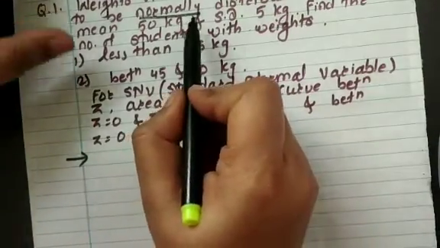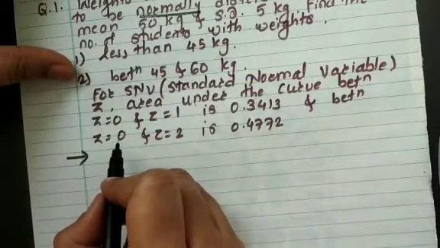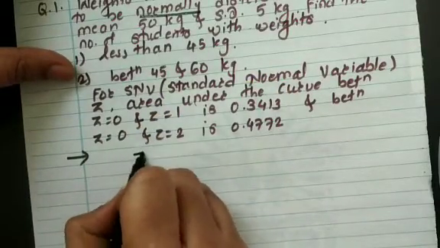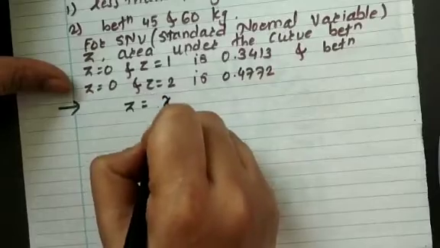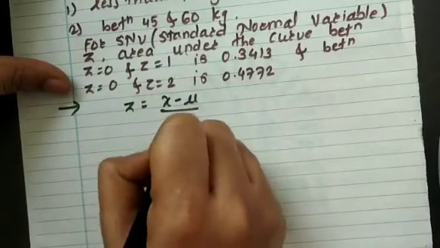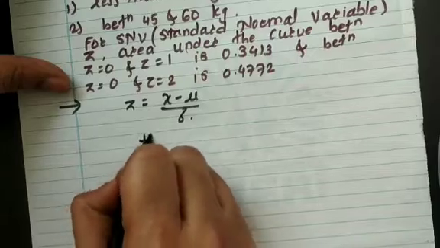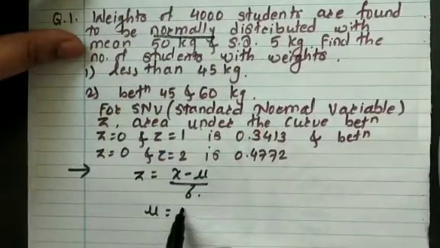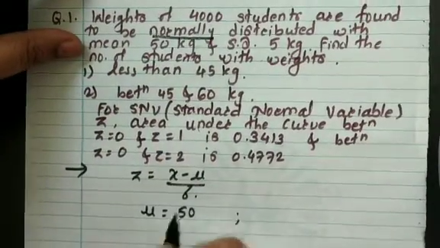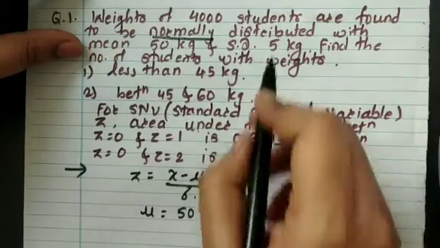As it is to be solved by normal distribution, we know z is equal to x minus mu upon sigma. Mu is nothing but mean, and mean is given as 50 kg. Sigma is nothing but standard deviation, it is 5 kg.